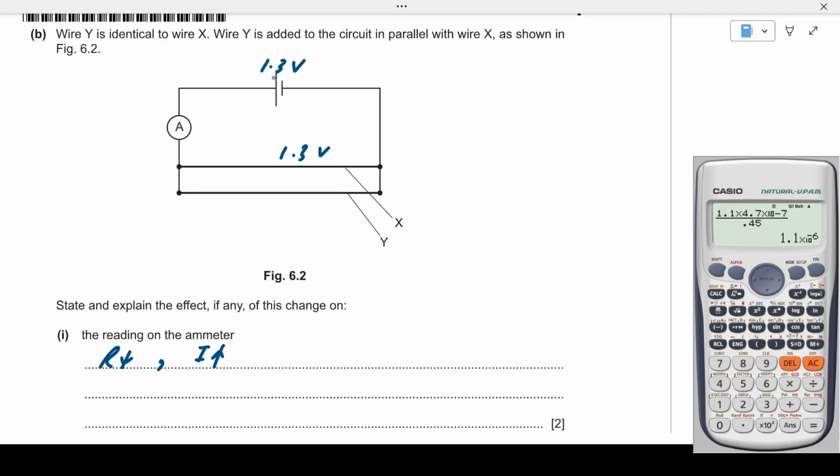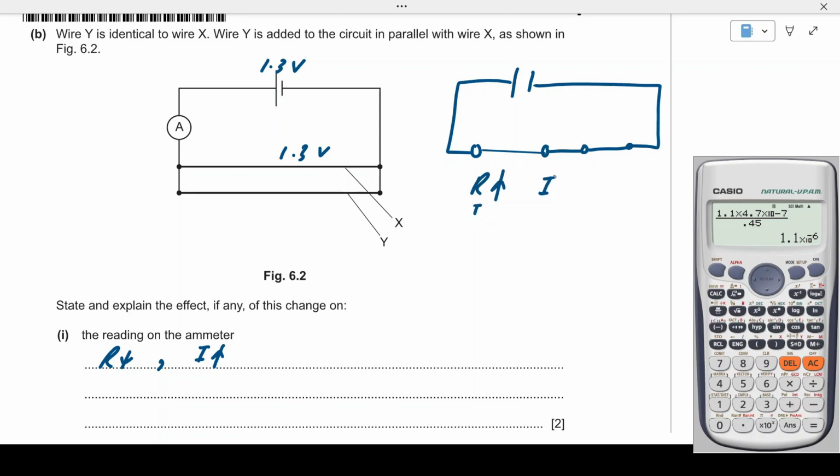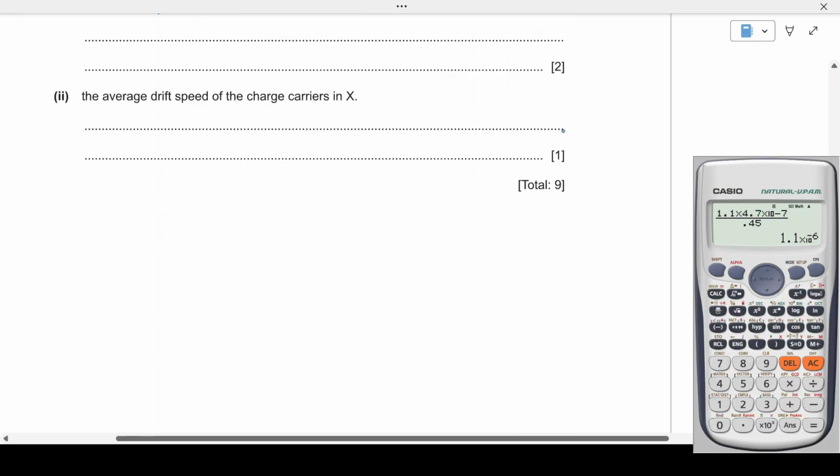Total resistance will decrease, current will increase. If, however, the resistors were connected in series, so this is the first wire and this is the second wire connected in series, in that case the total resistance would have increased, hence the total current in the circuit would have decreased. For series. For parallel, it's exactly the opposite.